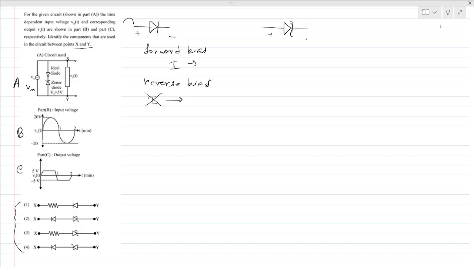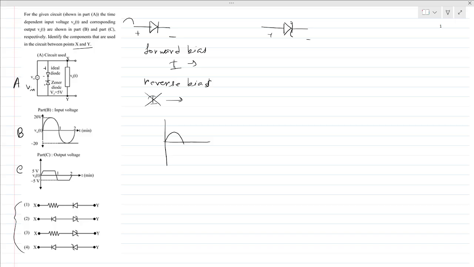For the first cycle of the input voltage, the diodes are connected oppositely. When the positive 20 volt passes through the ideal diode, it is forward biased and allows the current to flow. But when it goes to the Zener diode, it is reverse biased.